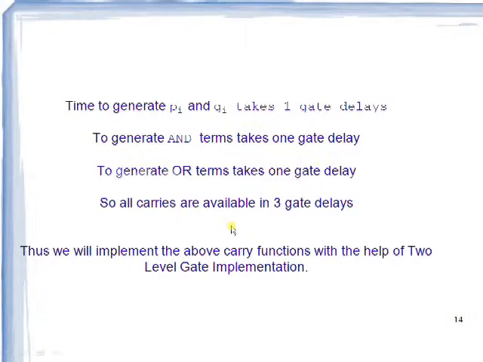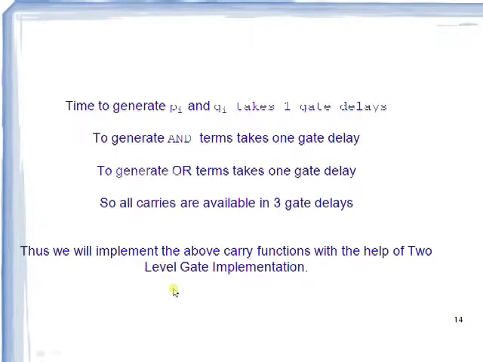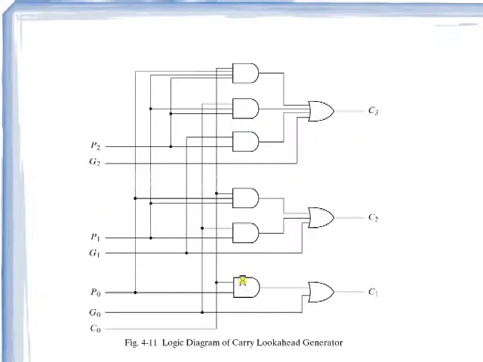If you look at these expressions, you can see AND terms, OR terms, as well as generate and propagate. Thus we implement the above carry functions with 2-level gate implementation. This is how the carry and propagate circuit looks.